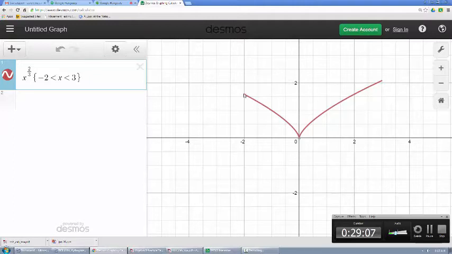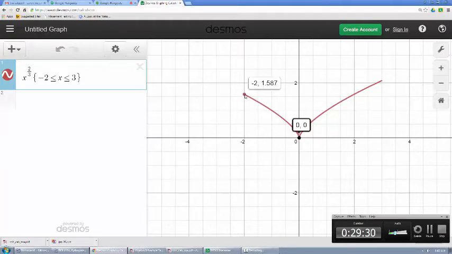It says negative 2, comma, undefined. The reason it says undefined is because I do not have an equal to. I don't know if I put an equal to if that'll work. Oh yeah, it will. Okay. Negative 2, comma, 1.587. This is 3, comma, 2.08. And then there's a critical point at 0, 0.